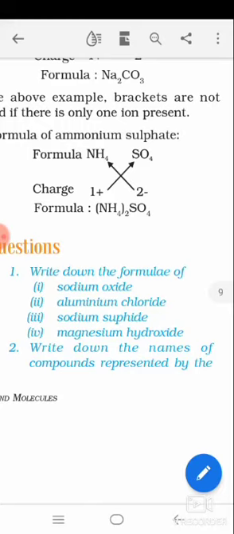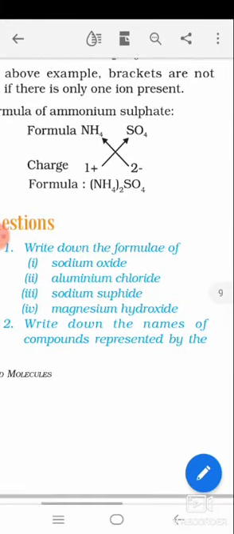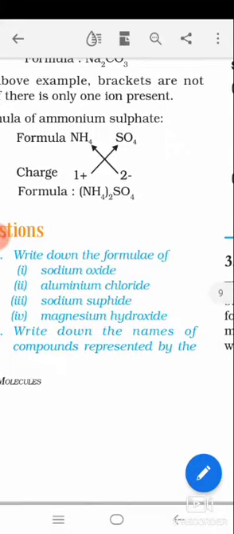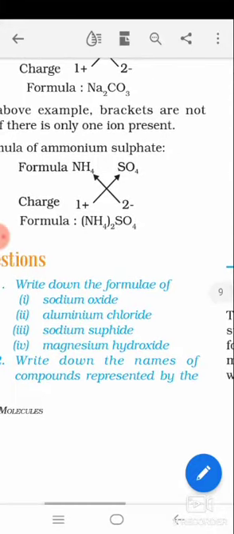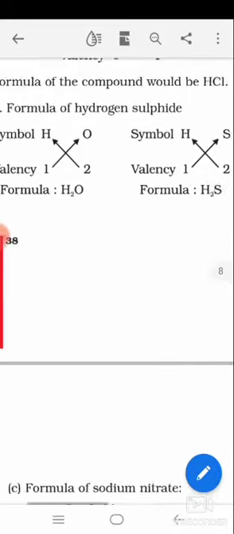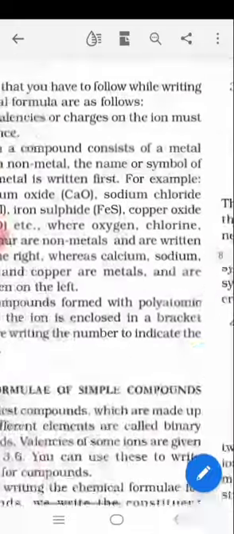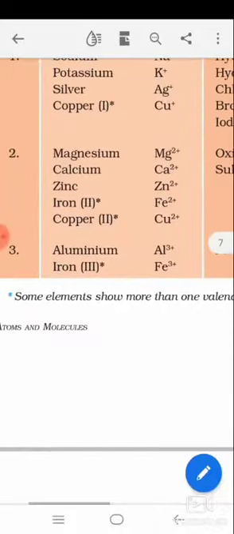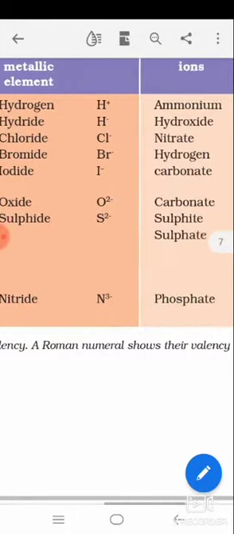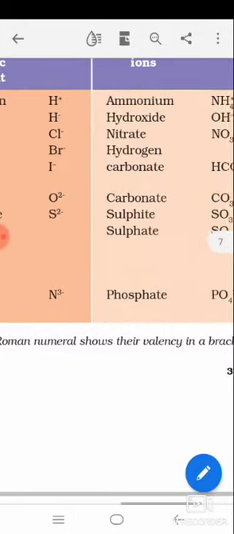All these ions are familiar to you. Please try to write the formulas, and you know the valencies because you studied the valency table in your last class. This table will help you find the formulas and the names.